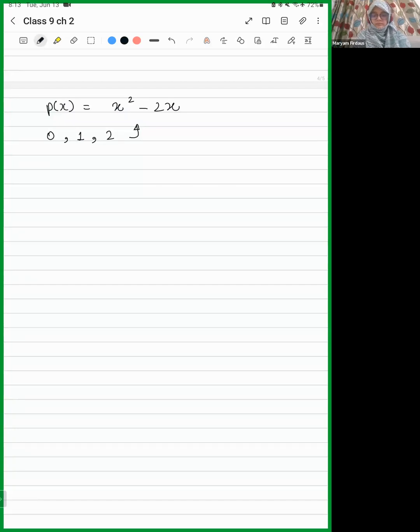Ma'am, 0 is 0 of the polynomial. Very good. 0 is a 0 of the polynomial. Check for the others also.